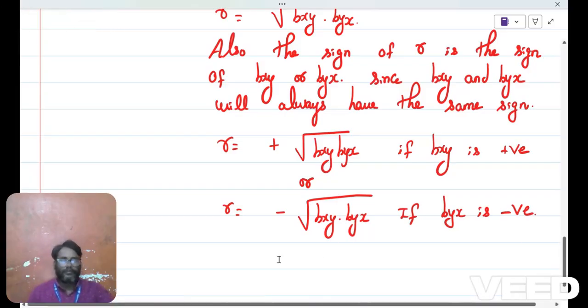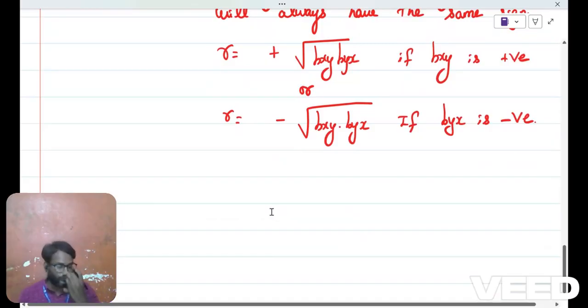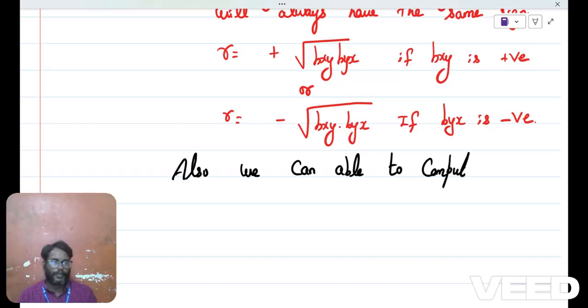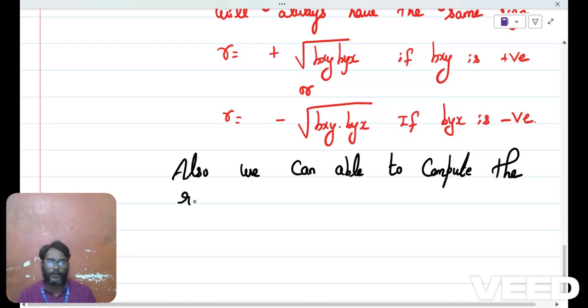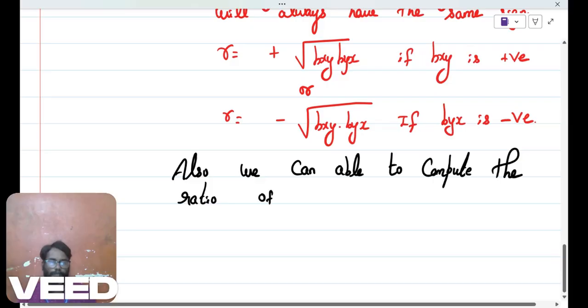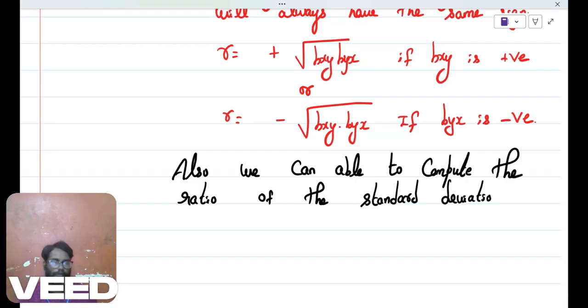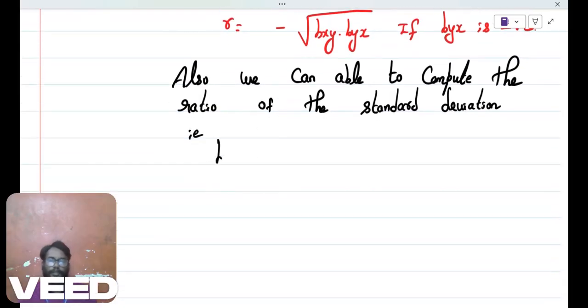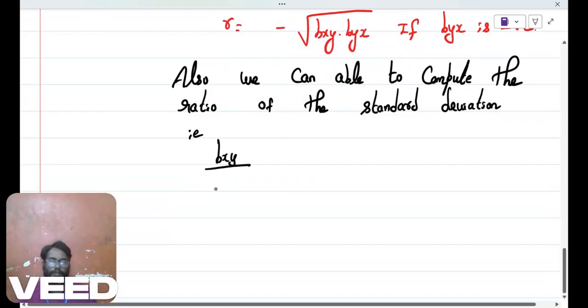Secondly, we can also compute the ratio of the standard deviation, that is b of xy divided by b of yx.